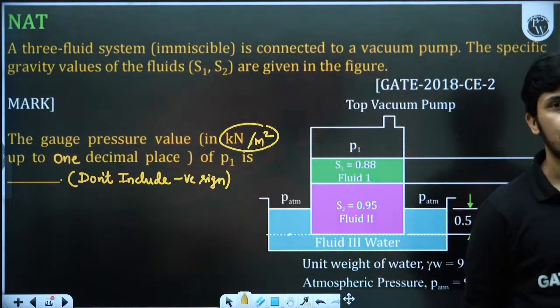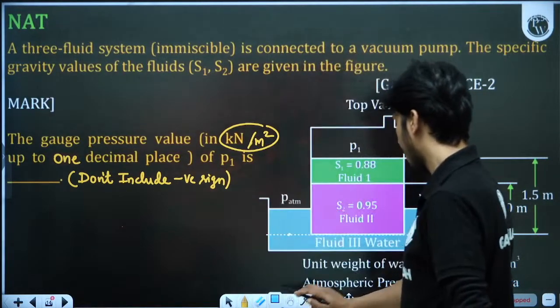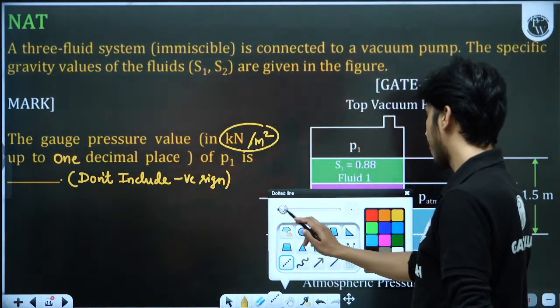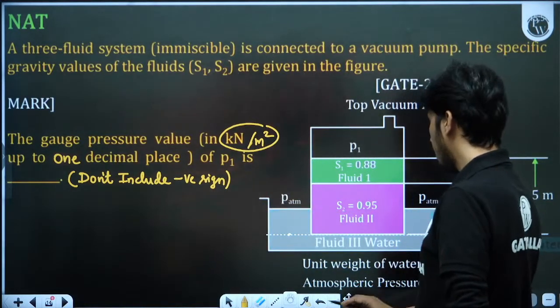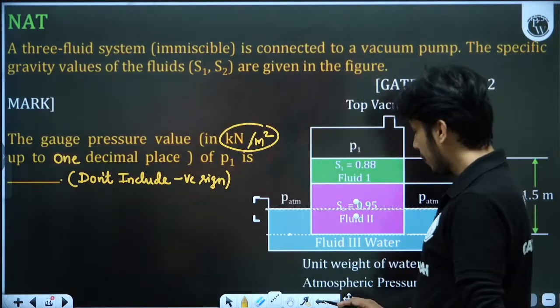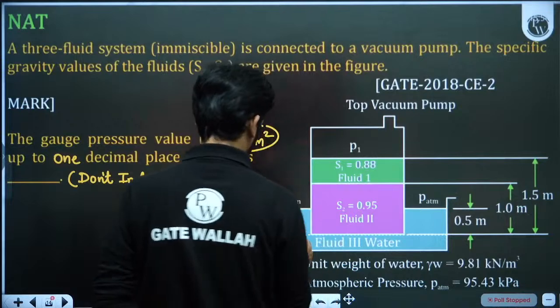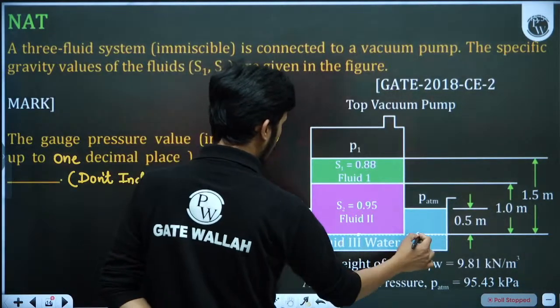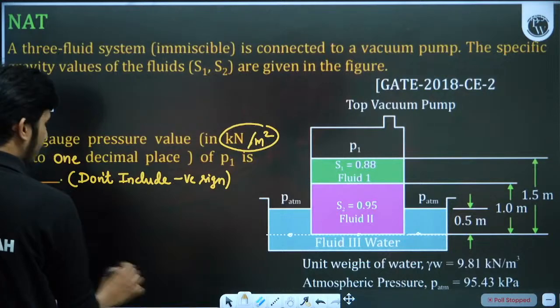Let us solve this question again. At this level, we are not going to equate any pressure. We are going to equate the pressure at this level, where the pressure will be the same everywhere. So here we will calculate the pressure and equate both sides. From the PATM side, the pressure is PATM.